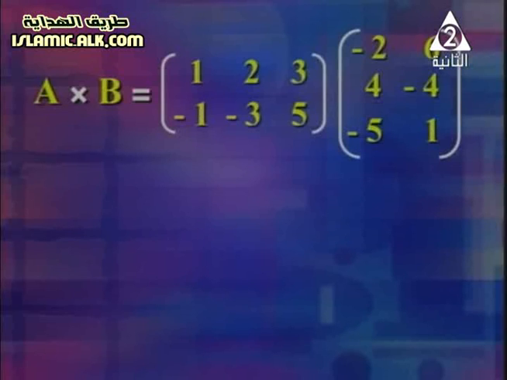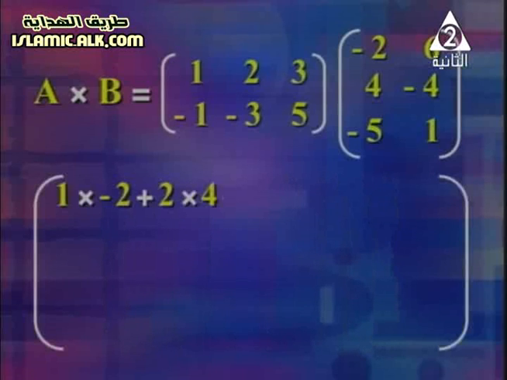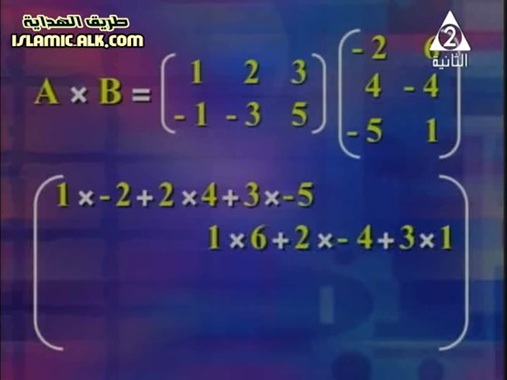This gives the entry in the first row, first column. For the second column: 1 times 6, 2 times negative 4, 3 times 1.